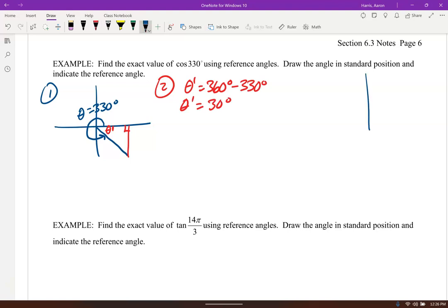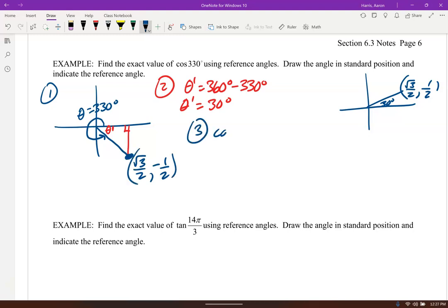If you remember on the unit circle at 30 degrees, you have the point square root of 3 over 2 comma half. So this will be square root of 3 over 2 positive x, but a negative y, negative a half, right? So we're finding the cosine here, which is the x value. So the x value is just square root of 3 over 2. If we were finding the sine of 330 degrees, then I'd say negative a half, right?